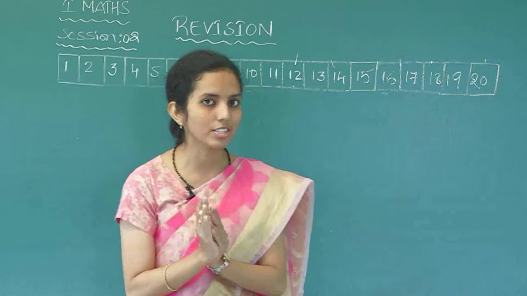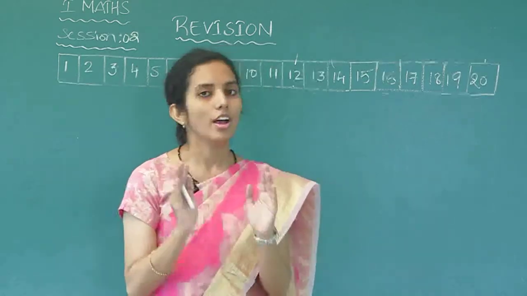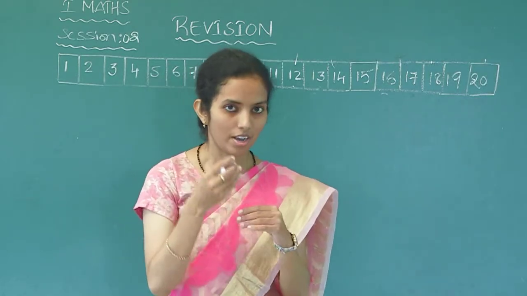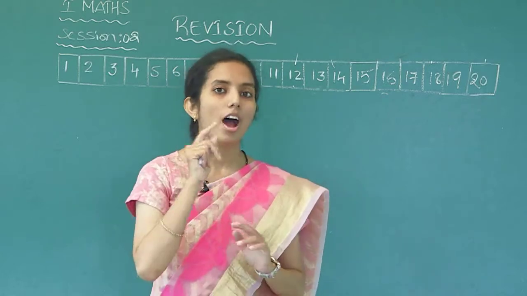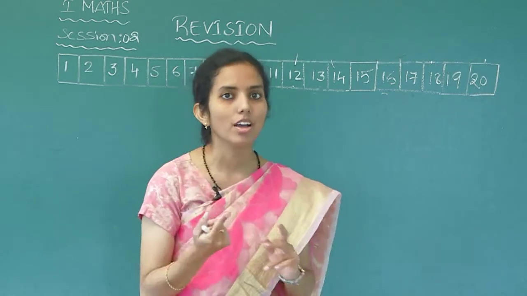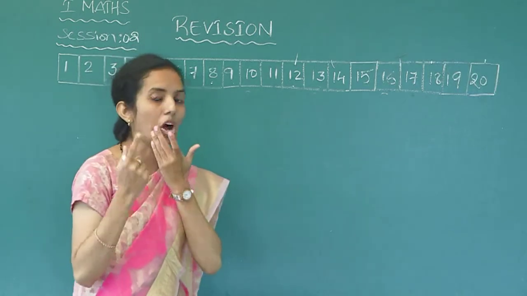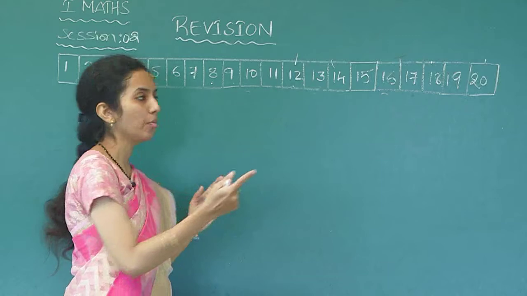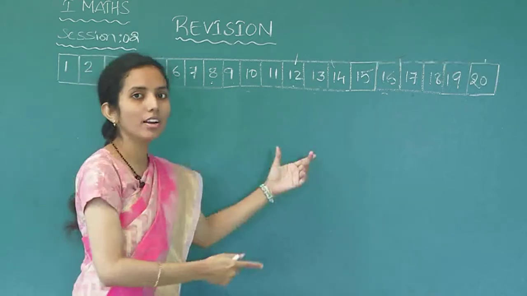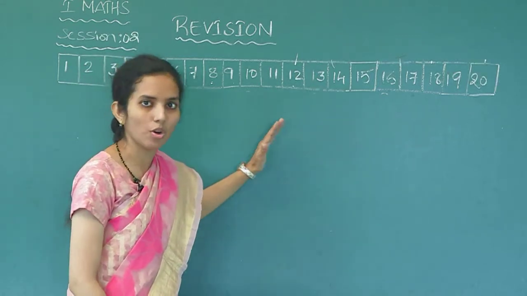So if two numbers are given, in our previous exercise we learned the after number and before number, right? So if you want to tell a number is smaller, you have to observe whether it is coming before or after in the number strip. Okay.